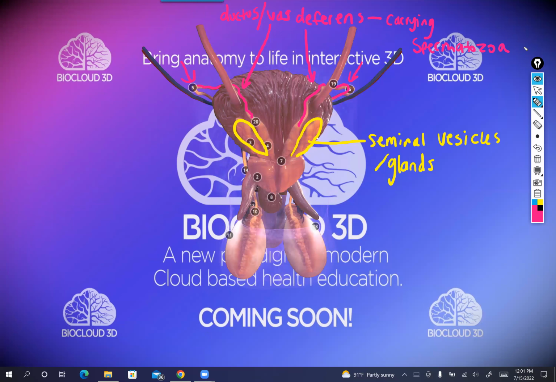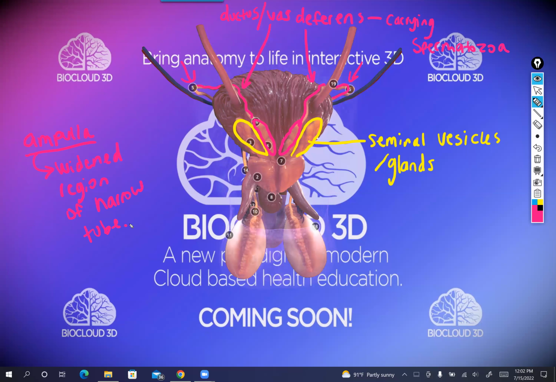So we're going to kind of mix and match the anatomy portion and the physiology portion a little bit. So this widened area is the ampulla of the vas deferens, and ampulla is a word that you'll see a bunch, which is just the name for when a narrow tube widens. Widened region of narrow tube.